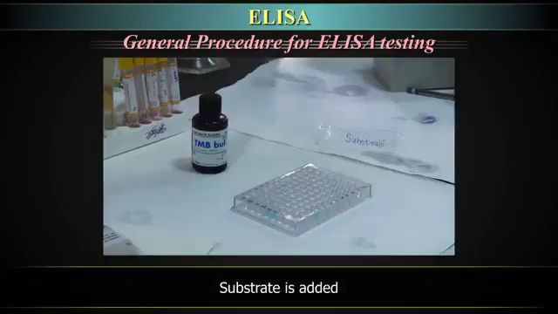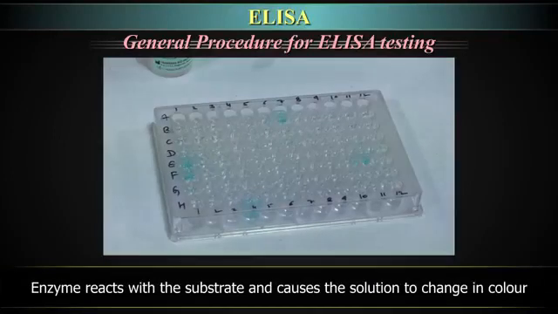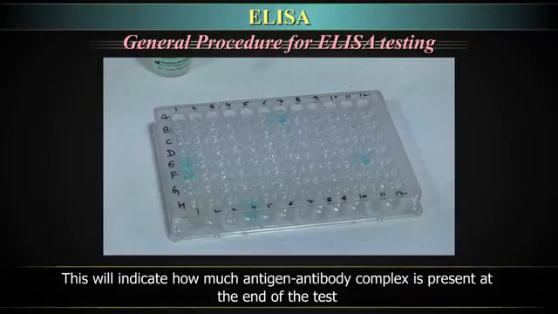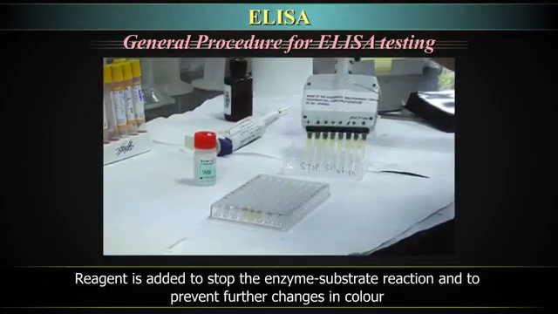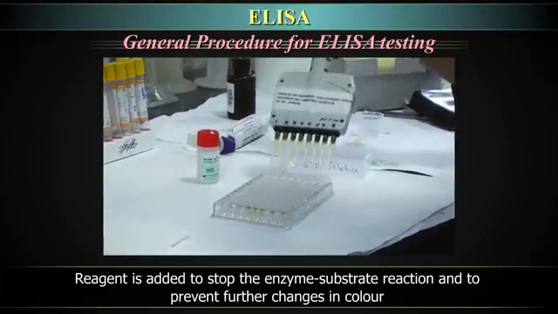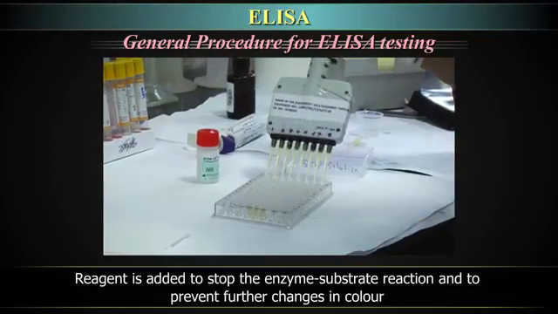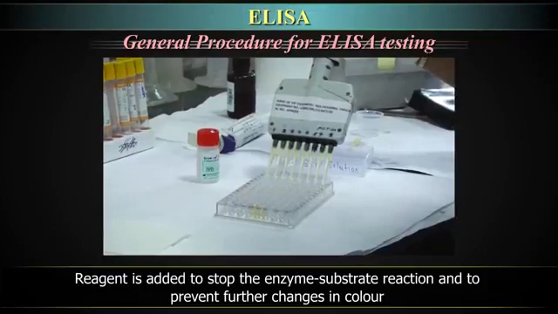A substrate is added. The enzyme reacts with the substrate and causes the solution to change in color. This will indicate how much antigen-antibody complex is present at the end of the test. Once the incubation time is completed, a reagent is added to stop the enzyme-substrate reaction and to prevent further changes in color.